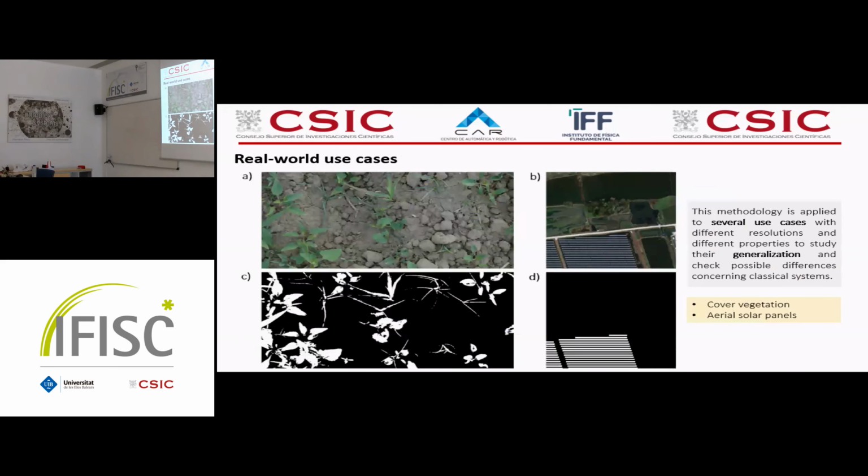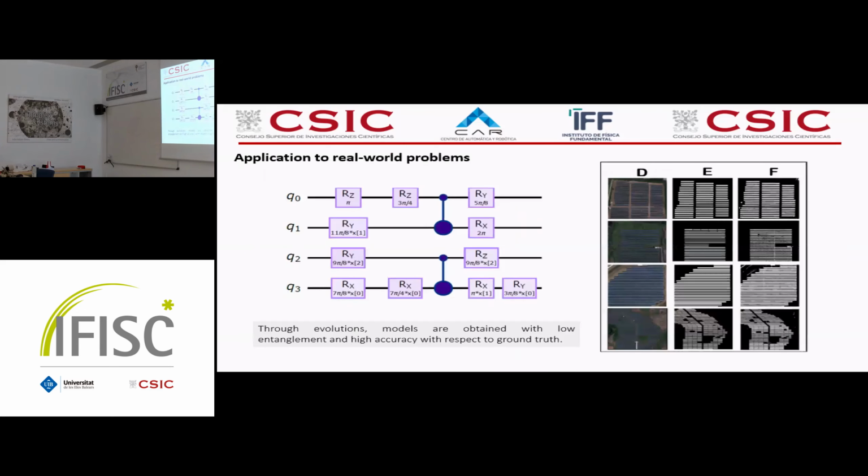So we were using these 2 use cases: solar panel segmentation and cover vegetation. This is the circuit for this segmentation. This is the RGB, where we apply this circuit directly. This is the ground truth, and this is the output of the quantum circuit. As we can see, it fits very well, so it works.